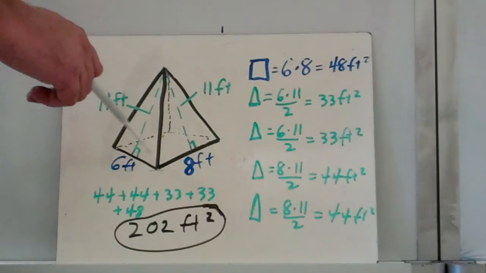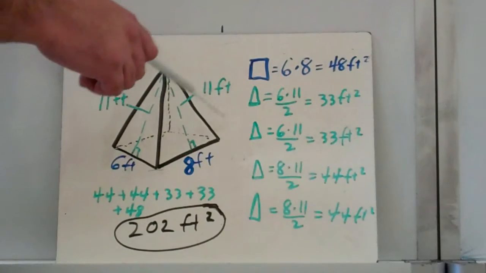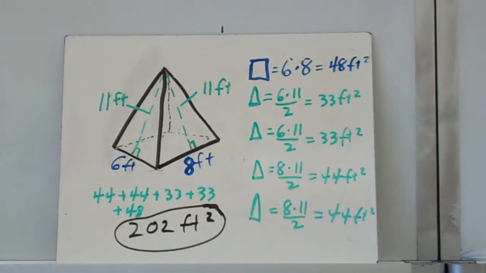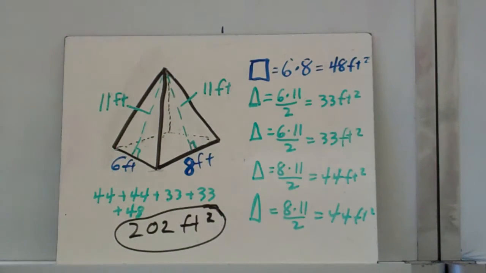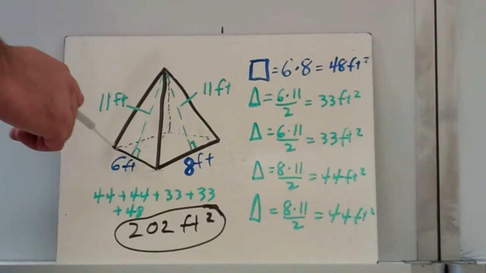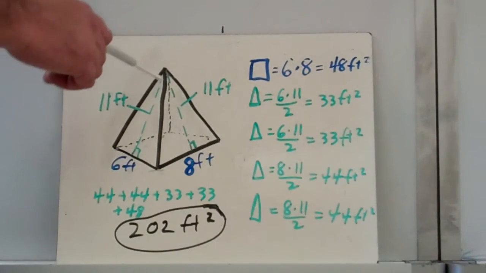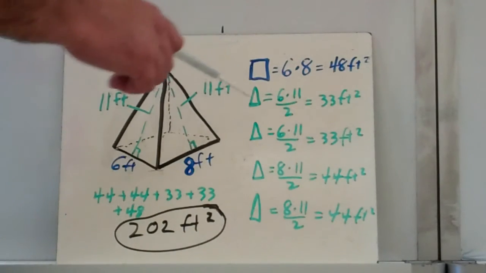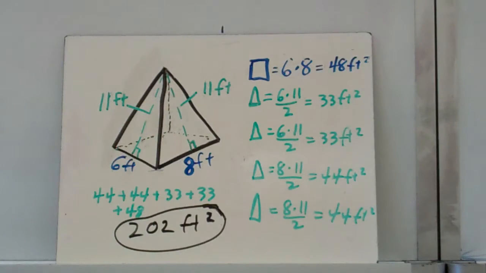So we find the area of the base, which is a 6 by 8 rectangle, which will leave us with 48 feet squared. And then we find the area of one of the triangular faces. So base of 6 times the slant height of 11. 6 times 11 is 66. Divide that by 2. We get 33 feet squared.